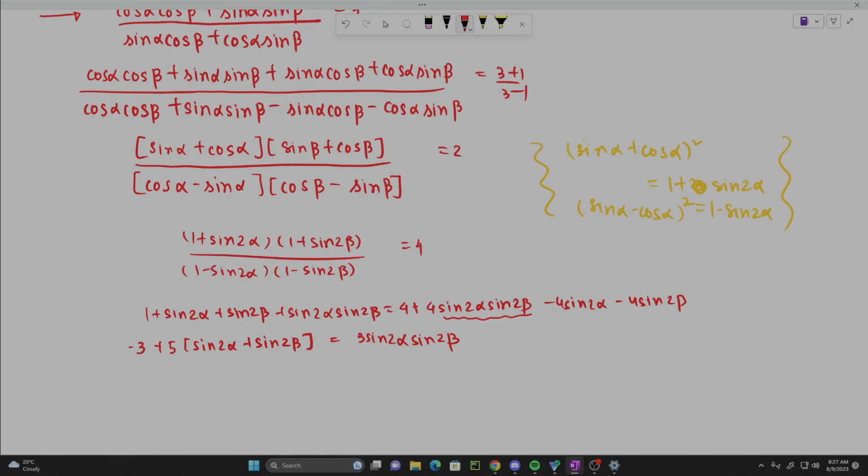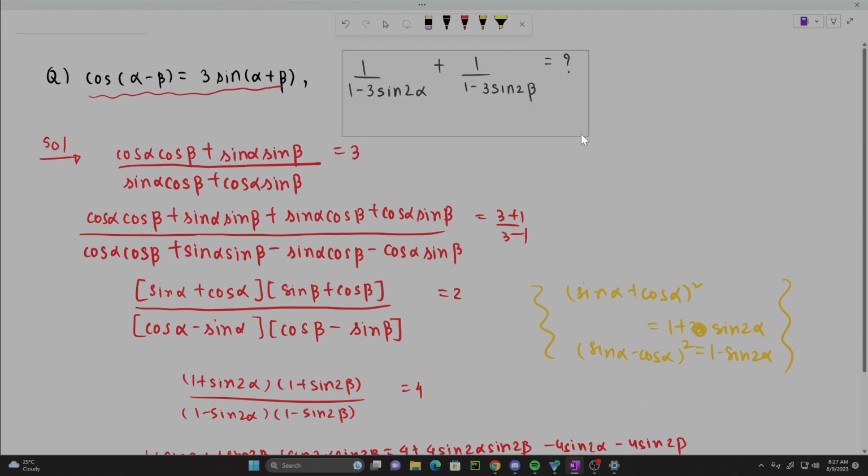And now if we just find the value of sine 2 alpha sine 2 beta, that is equal to 5 times sine 2 alpha plus sine 2 beta minus 3 upon 3. So we have got this value right here.